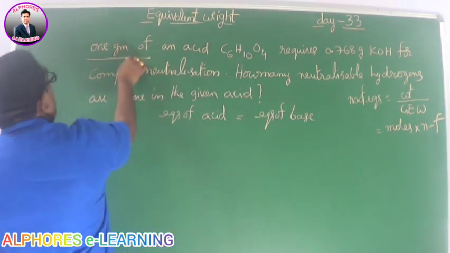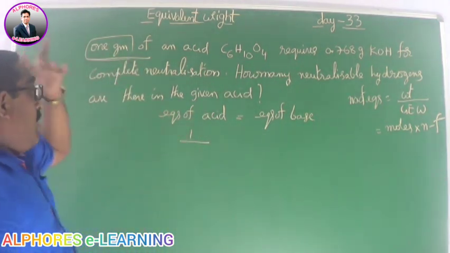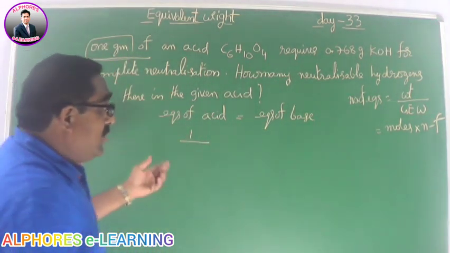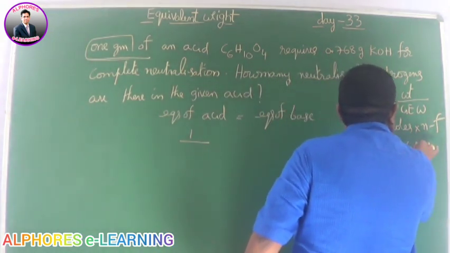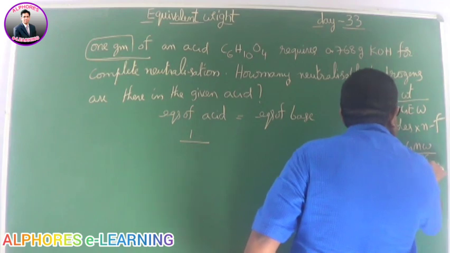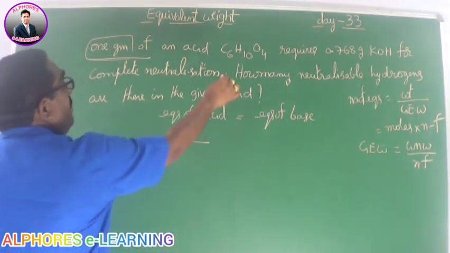Now, what is the given weight of the acid? 1. Again, how will you get equivalent weight? We know one more approach. Equivalent weight is equal to molar mass divided by n factor. Here, what is the molar mass?